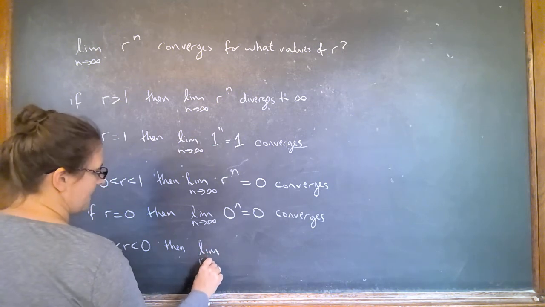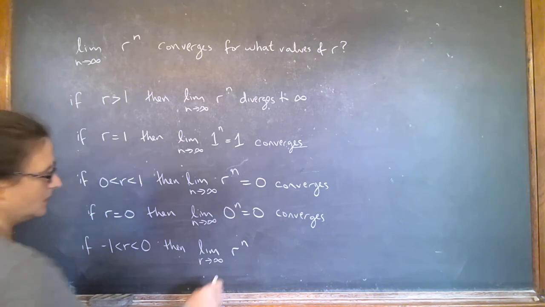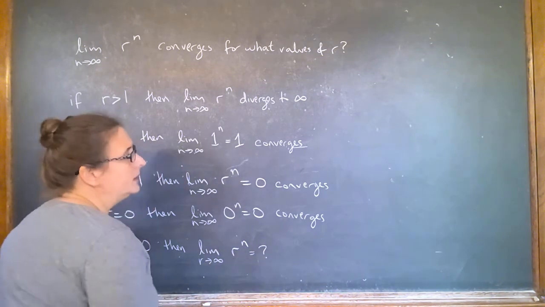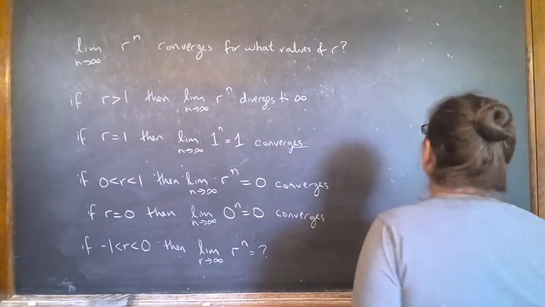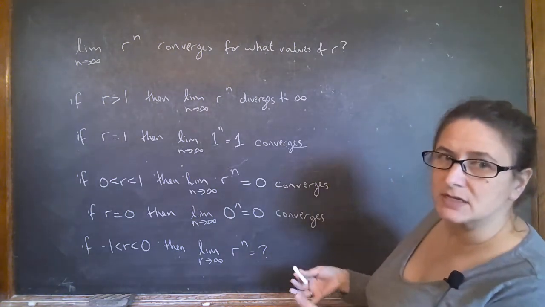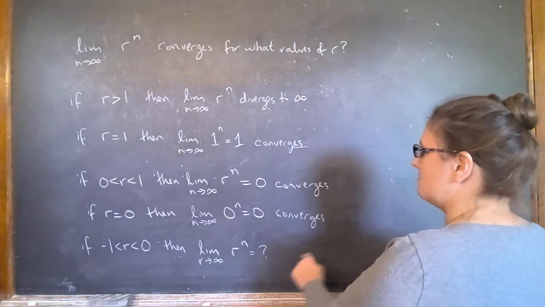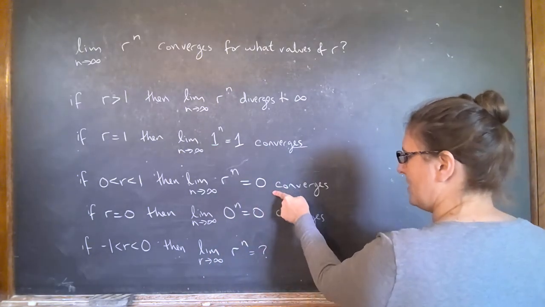If I've got r between negative 1 and 0, right, then what's this going to tell me? So think about if I've got like a negative 1/2 to the n. Well, the negative isn't going to make a difference because when I take the absolute value, I'm here, right?